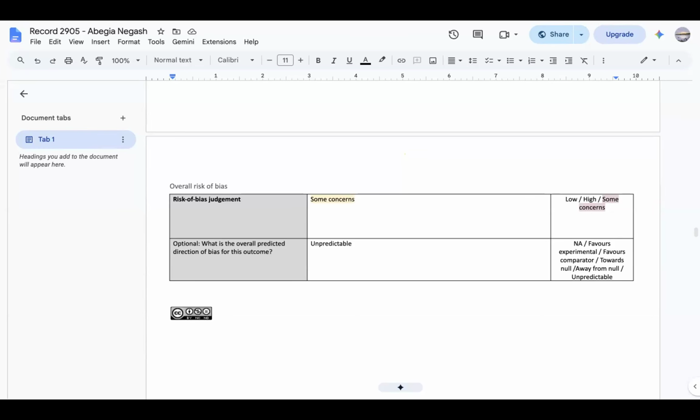You know what I mean? Like that whole table 2 could just be one outcome. And I believe we would be allowed to do it that way for simplicity's sake, because it's a lot of work for each record to be 300 pages of RoB 2.